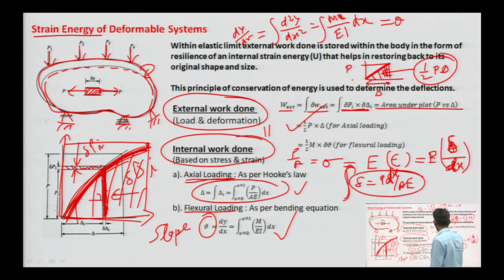So, this is the value of the external work done, half P into delta, for axial loading. For flexural loading, in place of P we use bending moment M, and in place of delta we use theta.